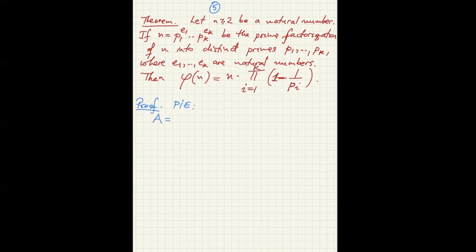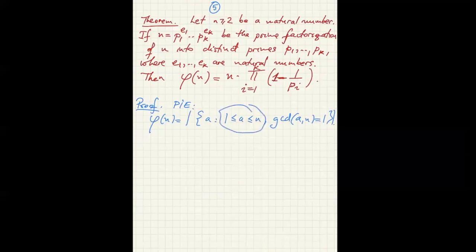If we look back at phi of n, its definition is that we're counting natural numbers a between 1 and n with some property. The property is that the GCD of a and n is 1. So the first condition here leads to defining the set A to be our set 1 all the way up to n.